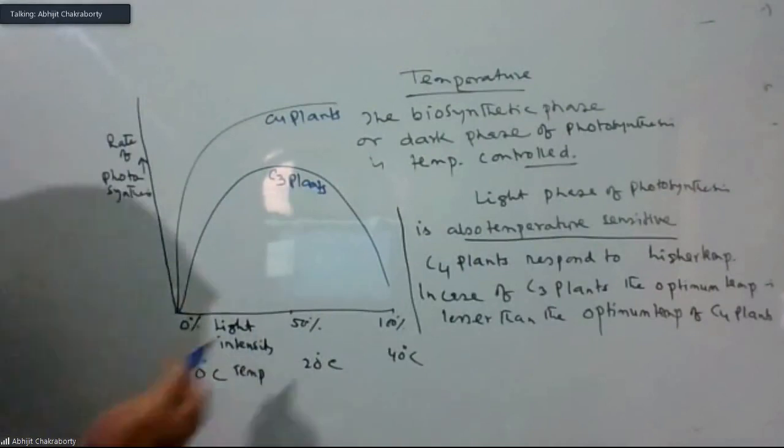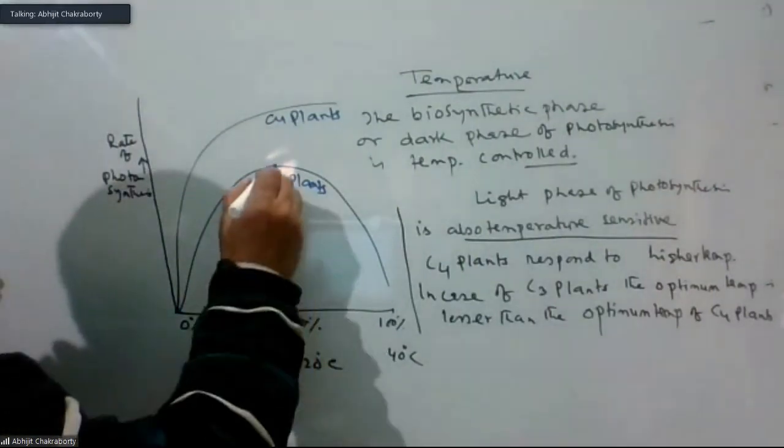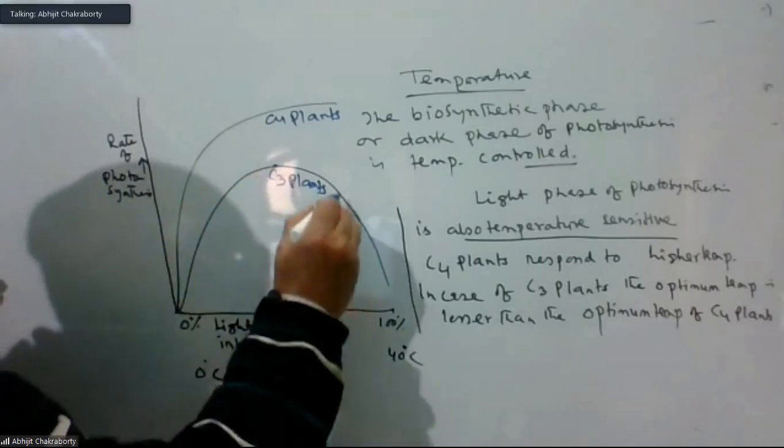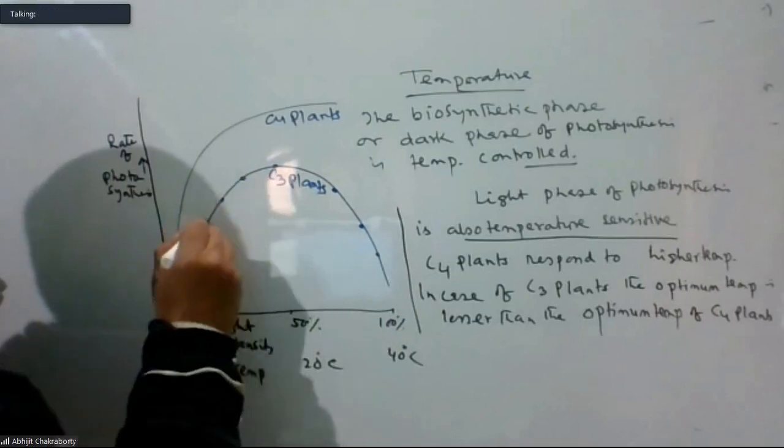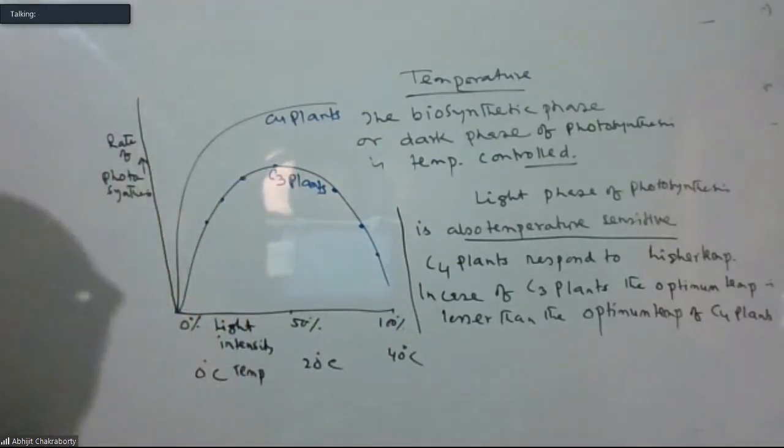You will get optimum at about 50% or 20 degrees centigrade. Gradually it is decreasing like this at every point. So this is the relationship, and I am now showing you another relationship here.